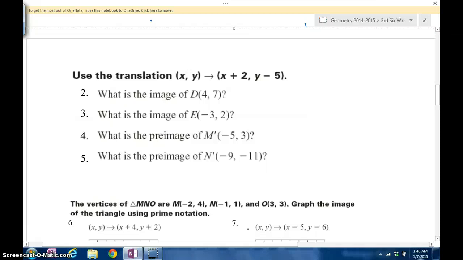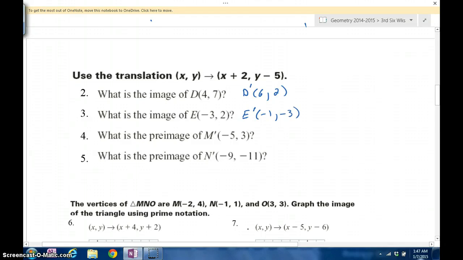So all we're going to do is D prime, because that would be the image, which would be 4 plus 2, which would be 6, and then 7 minus 5, which would be 2. Alright, same thing for E prime would be negative 3 plus 2, which will be negative 1, and then 2 minus 5, which is negative 3, and that'll be those coordinates there.